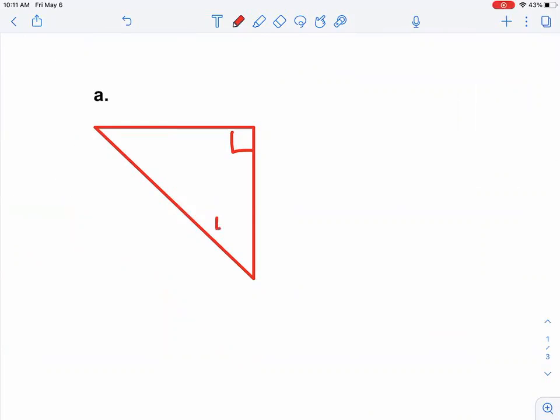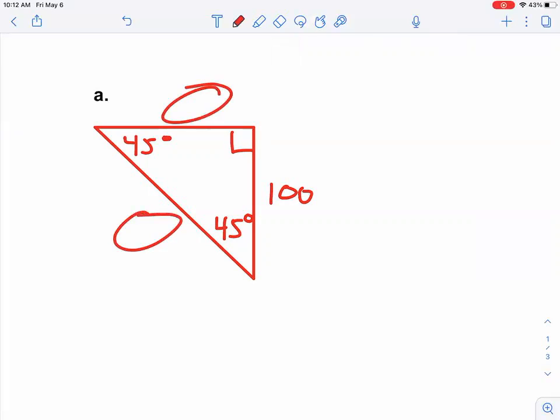And let's say that this is 45 degrees, which means this has to also be 45 degrees because they have to add up to 180. And somebody said 100. So let's say one of the legs is 100. Take 15 seconds to find the other leg and the hypotenuse. If it takes you more than 15 seconds, you're probably doing it wrong.